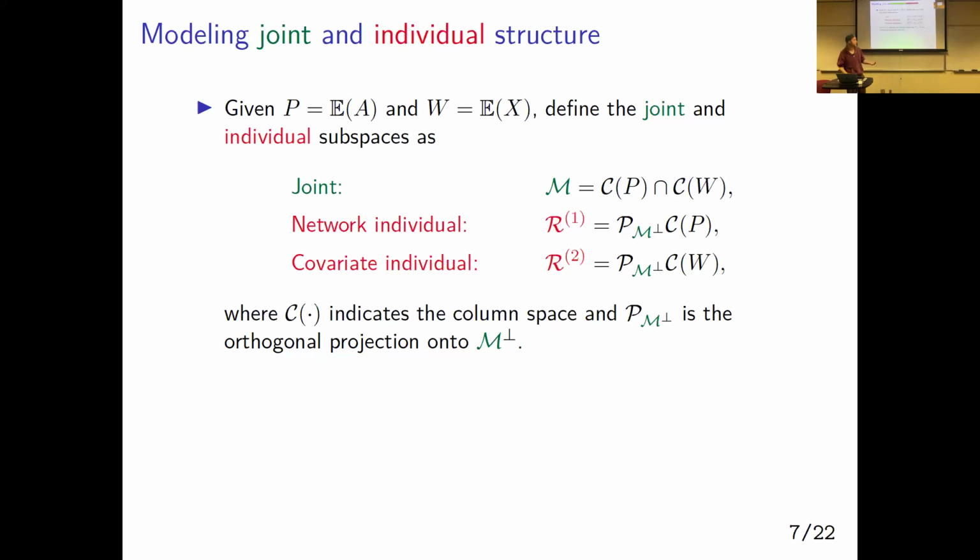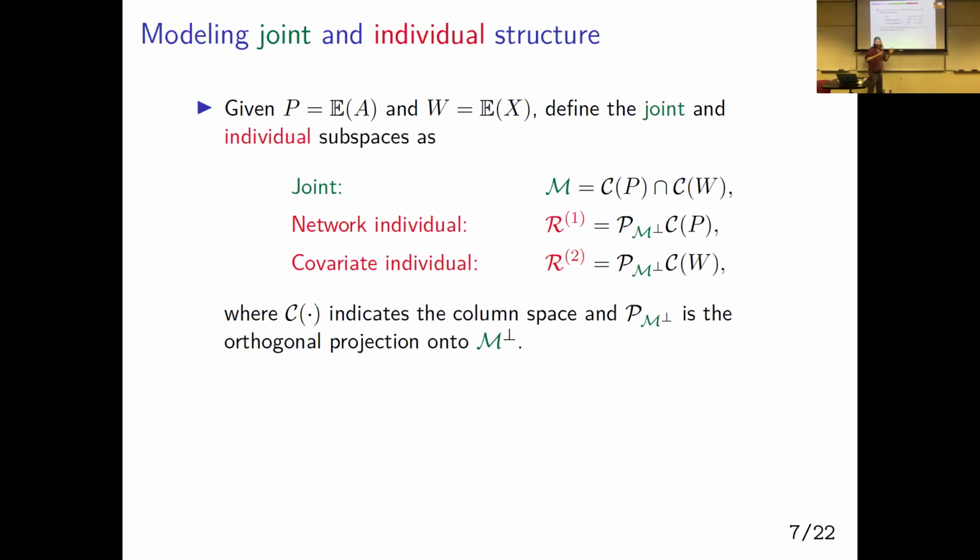Once you have the joint, to get the individual subspace corresponding to the network, all you have to do is take the mean for the network, P, take its column space, and project onto the orthogonal complement of the joint. So it's everything in P that's not in the joint.